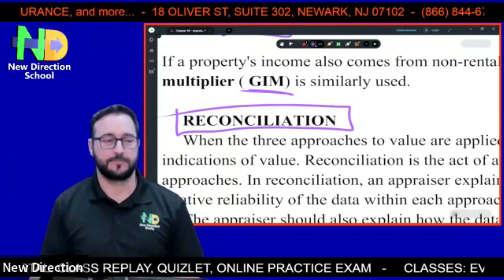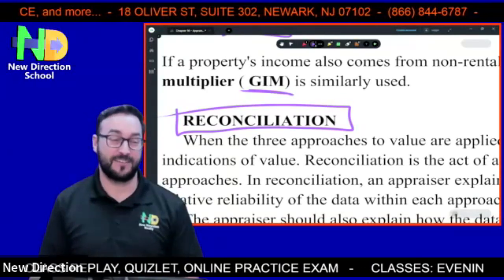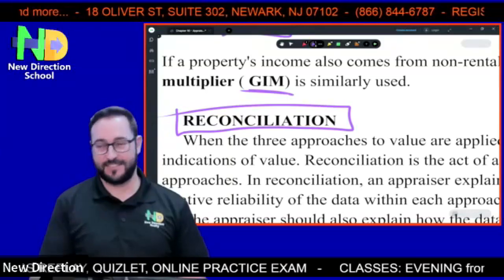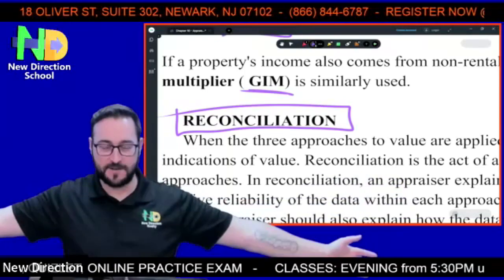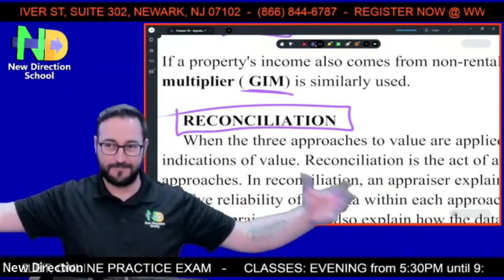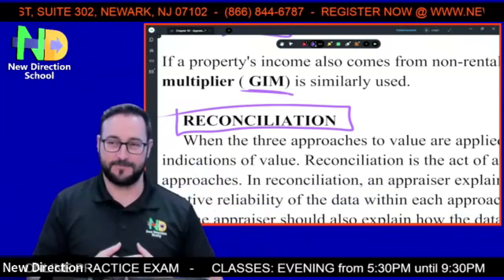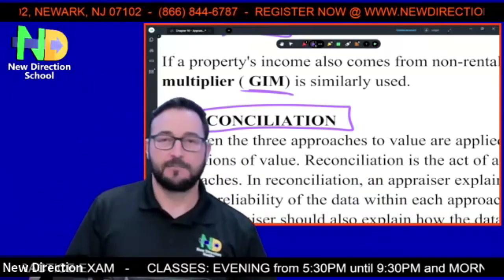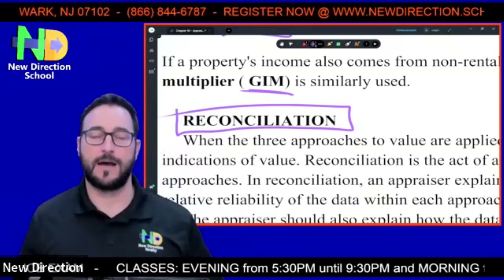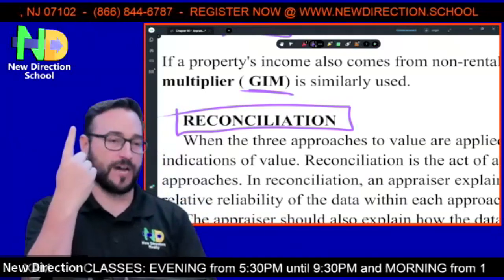It's the same concept, but make it simpler. We split, and now we put back together. So reconciling is bringing it together. We have three approaches, and now we examine all three to come up with one value.